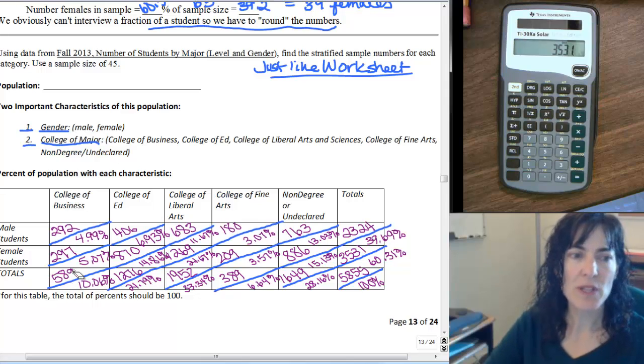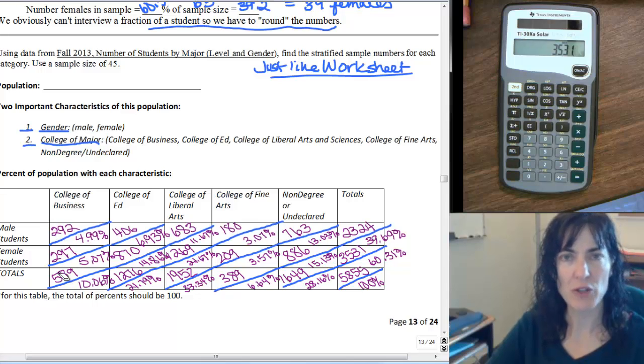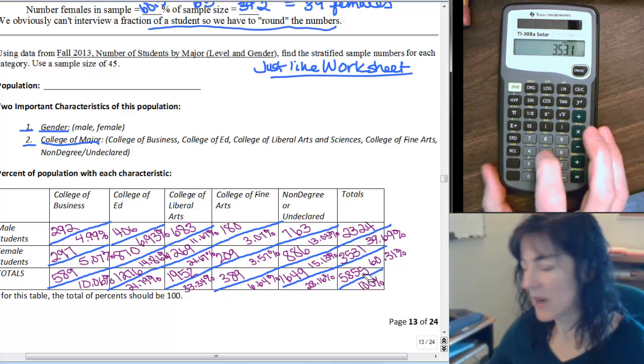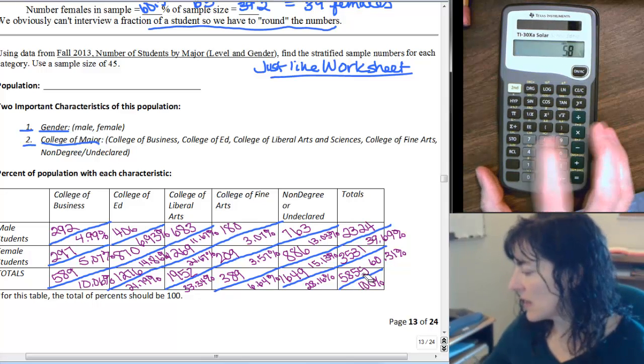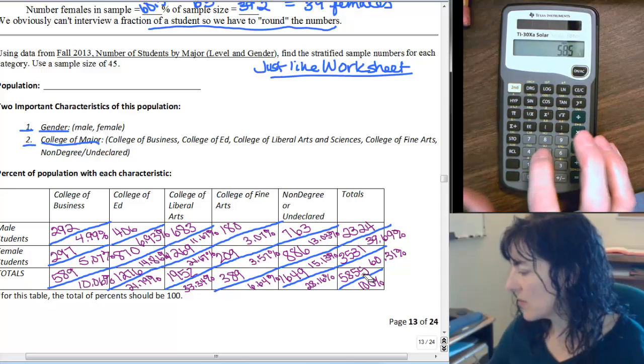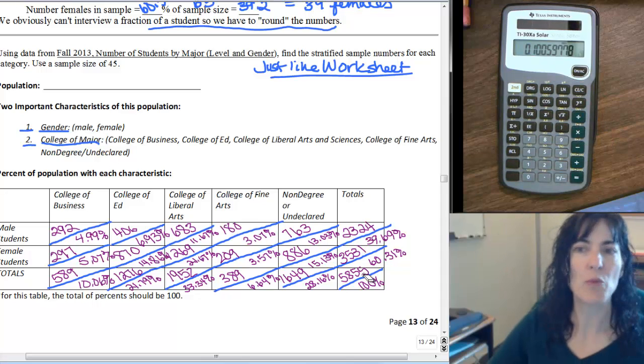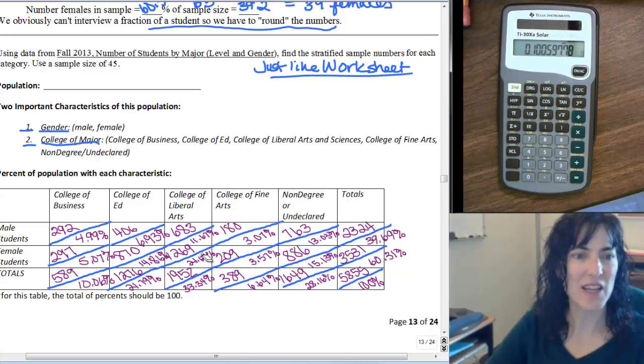Now, I do these totals two ways. I add up these numbers, 292 and 297, and make sure I get 589. And then I add up these percents, the 4.99 and the 5.07, and I make sure that I get the 10.06, but I also take the 589 divided by the 58.55, and I get 10.06, as you can see there.